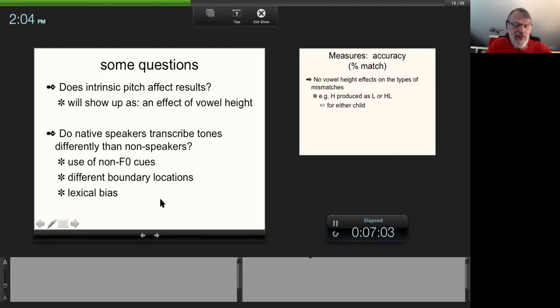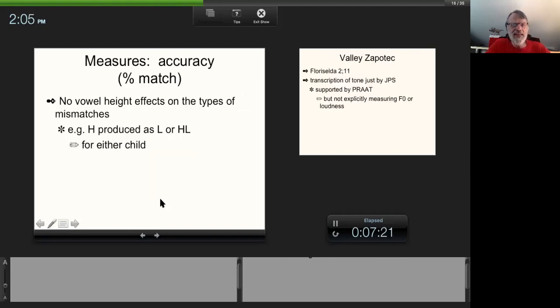So our question is quite simple. Do you get effects of intrinsic pitch in child tone data? That would be operationalized as an effect of vowel height on the accuracy of tone. Do native speakers transcribe tones differently than non-native speakers because they have access to other cues? We're just going to look at accuracy as a measure.